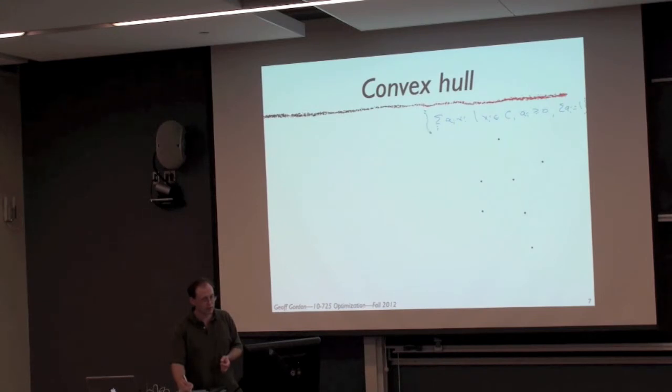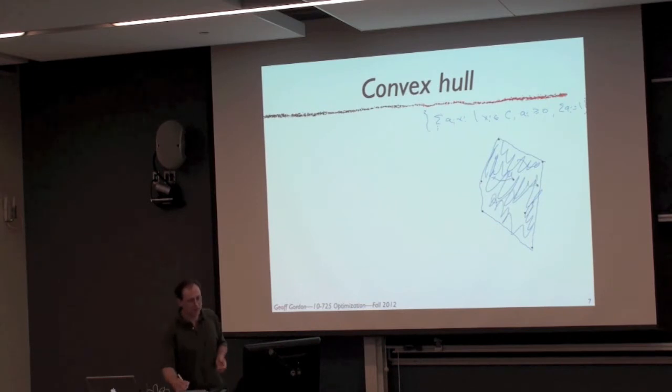Right? So what that means here is, I can take these 3 points, and I can fill in this entire triangle. I can take these ones, I can fill in that triangle. And so I wind up getting everything that's inside this figure here. So in some sense, it's the smallest convex set that contains the points that we're interested in.